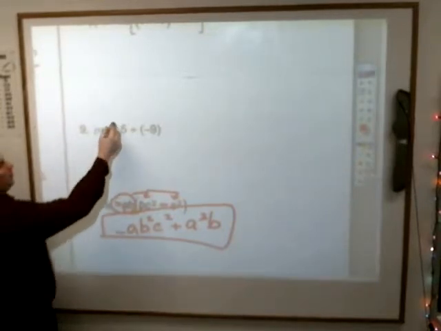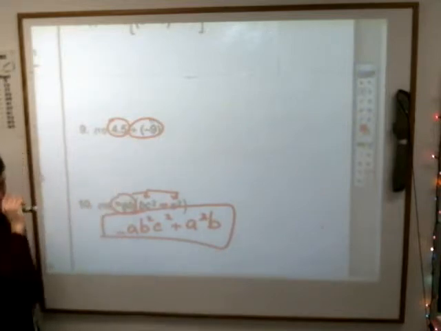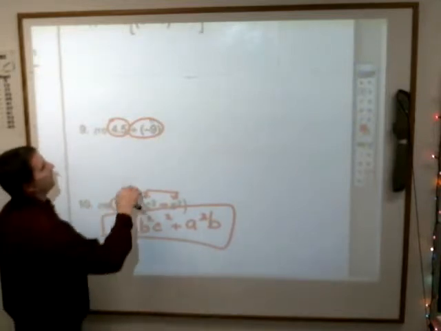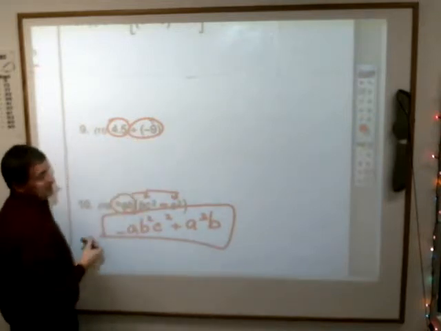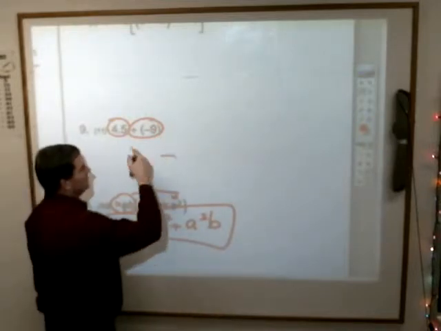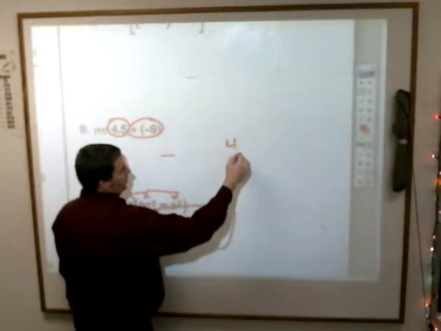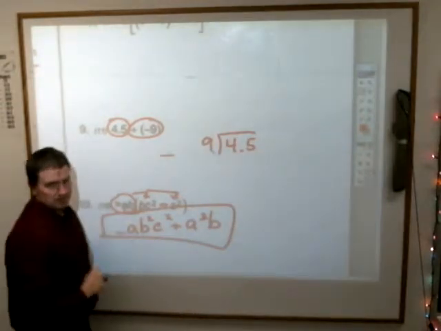What is 4.5 divided by negative 9? Well, plus or minus 9 is the same. First thing then, if it's division, is my answer going to be positive or negative? Negative, and I'm just taking 4.5 and dividing it by 9.